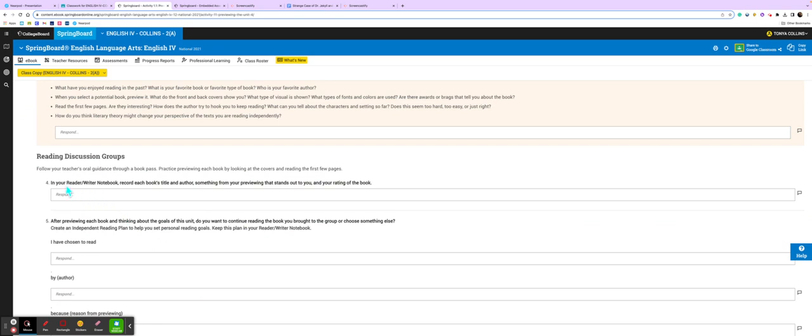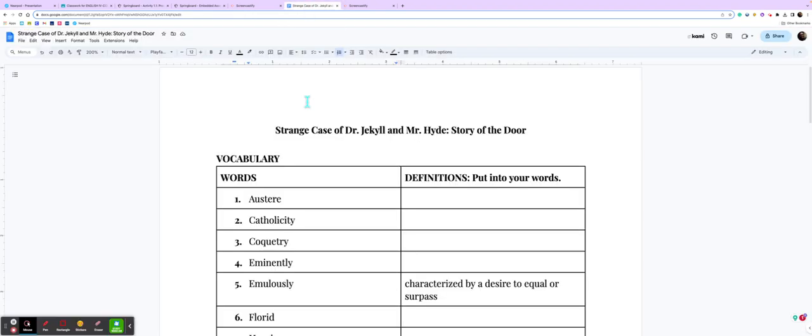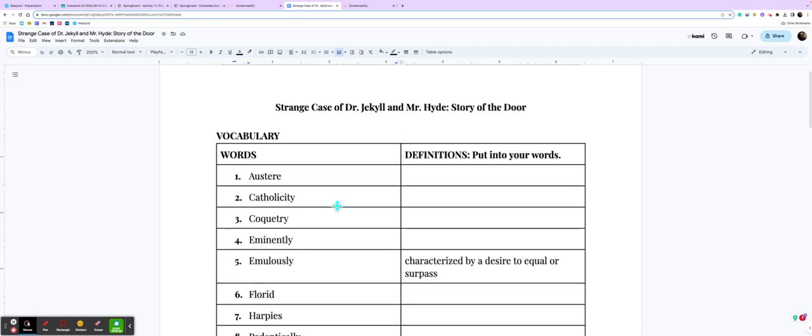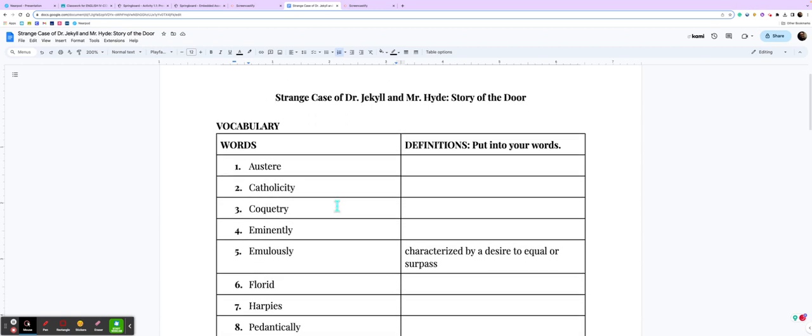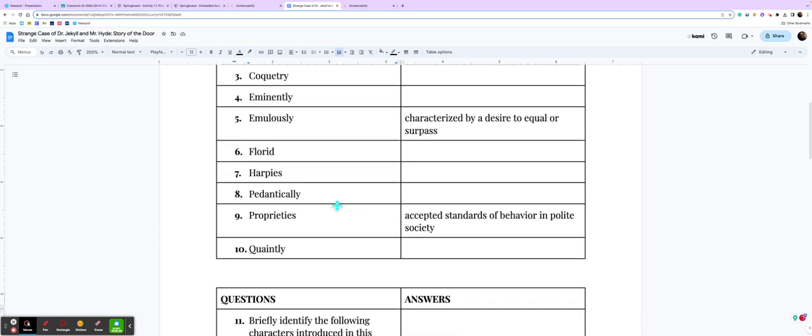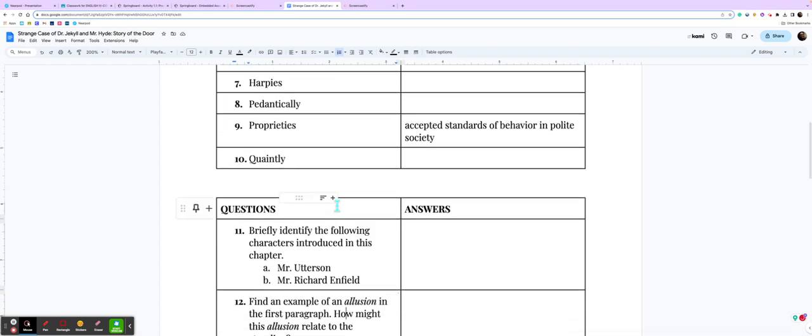Okay, you will have a slightly different reader writer notebook in my class, and I'm going to show that to you now. Your reader writer notebook will look something like this. And in this, I will divide The Strange Case of Dr. Jekyll and Mr. Hyde into parts, and you will read part of the book in class.